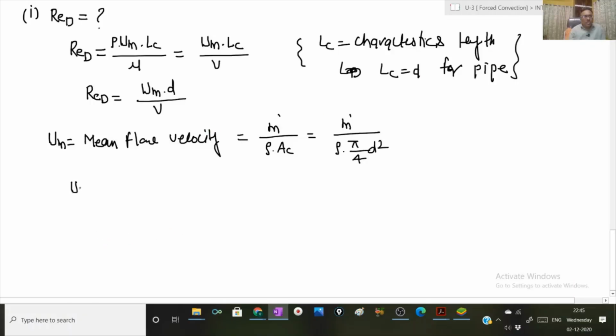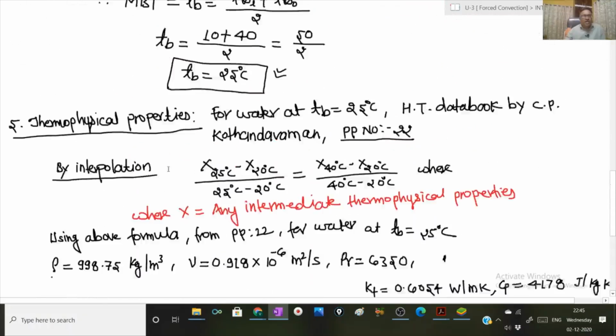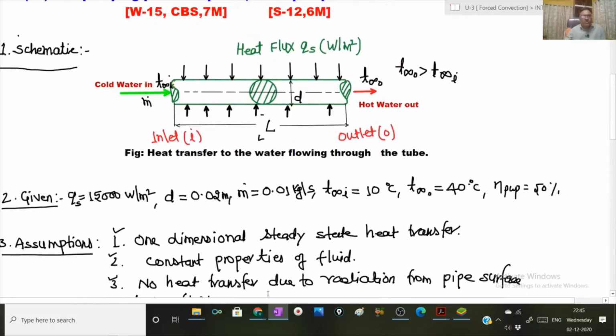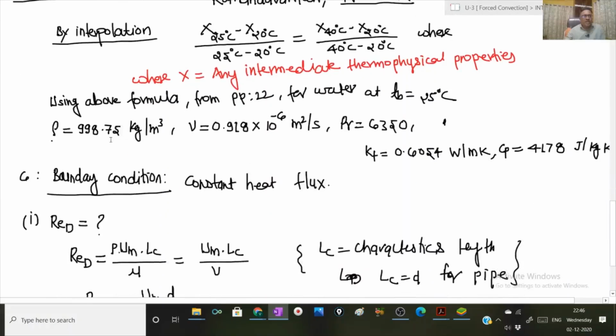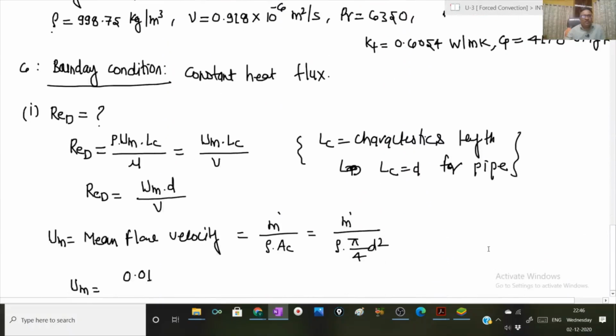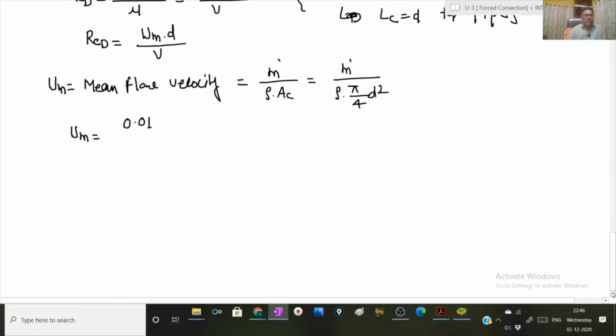So from here I can calculate the value of um. The mass flow rate I can find out from the given parameters, 0.01 kg per second, and density is 998.75 and diameter is 0.02.